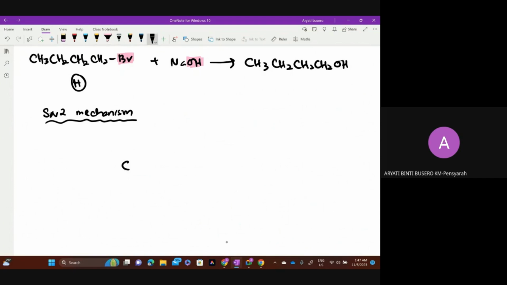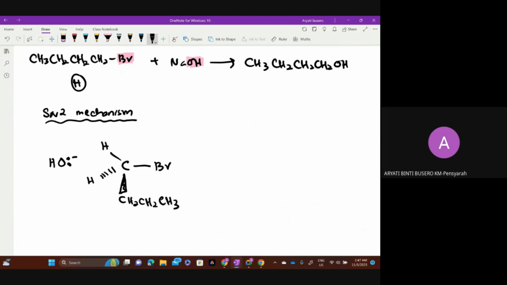So ada atom H, ini at the same plane. Okay, ada satu atom H at the back plane. So ada yang out of the plane. Kat sini adalah CH2, CH2, CH3. So OH will attack from the back side.